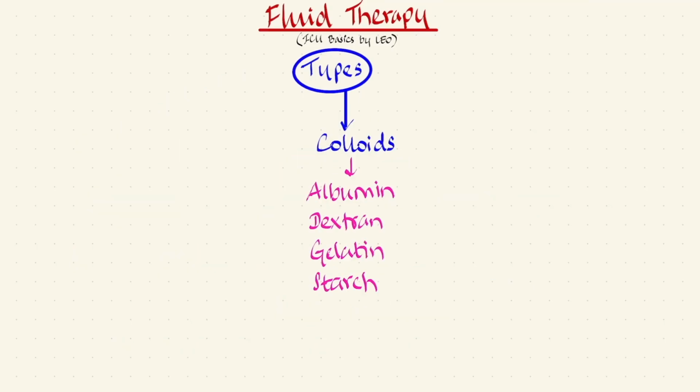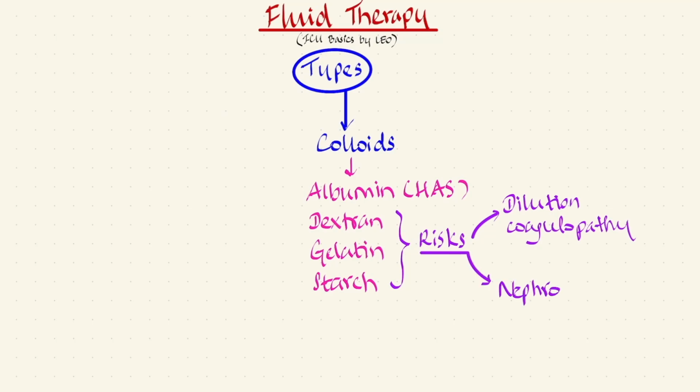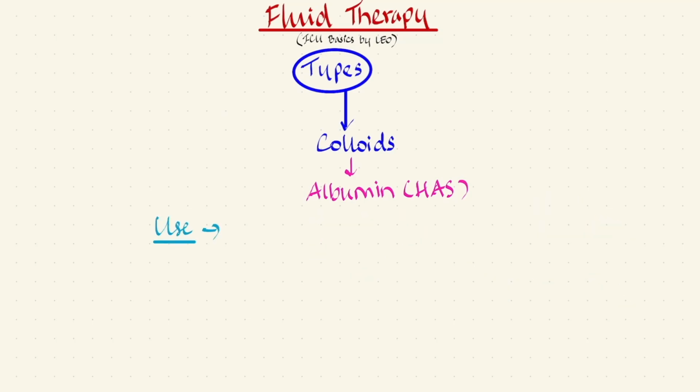In the colloid category, apart from human albumin solution, HES, the rest are not used anymore due to risks of dilution coagulopathy and nephropathy. We can consider using 20% albumin after multiple crystalloid boluses in patients who are still hypotensive with sepsis, where crystalloids may not be useful due to high vascular permeability and reduced oncotic pressure, as I explained above.